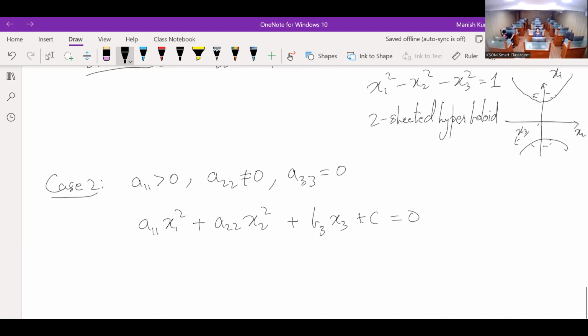This part is clear. The subcase is if b3 is non-zero, then you can absorb the c in this itself. So then this becomes A11 x1 square plus A22 x2 square plus B3 x3 equals 0.